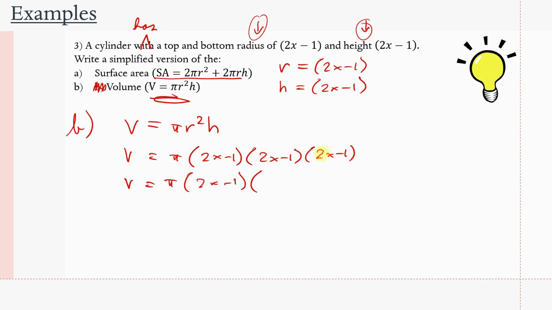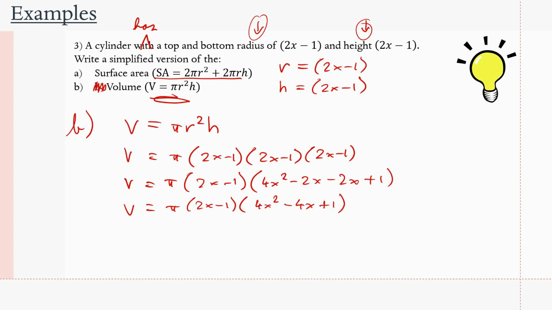So 2x times 2x is going to be 4x squared. 2x times negative 1 is going to be negative 2x. Minus 1 times 2x is going to be negative 2x. Negative 1 times negative 1 is positive 1. If we collect like terms, we're going to get 4x squared minus 4x plus 1.